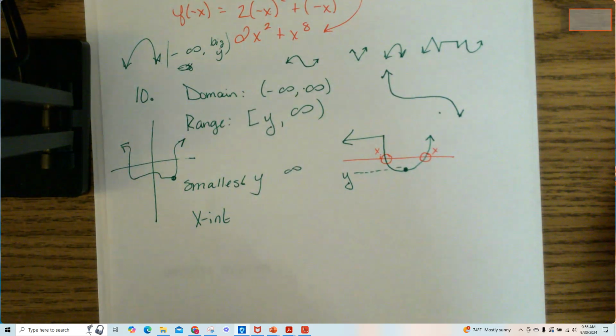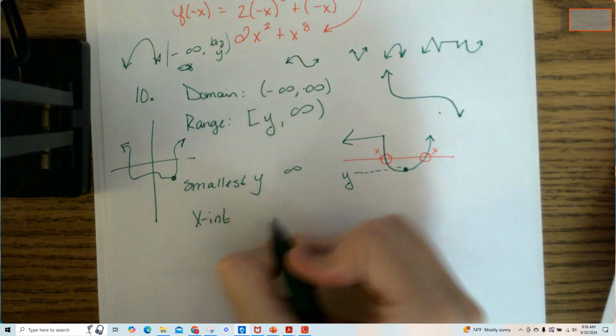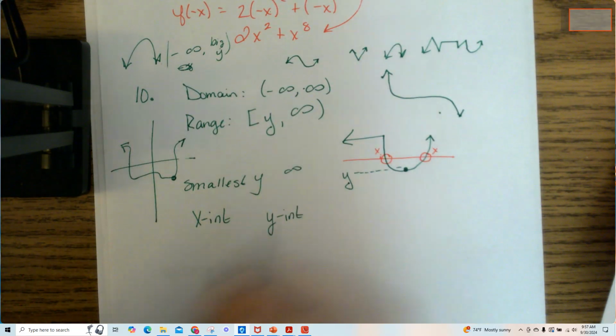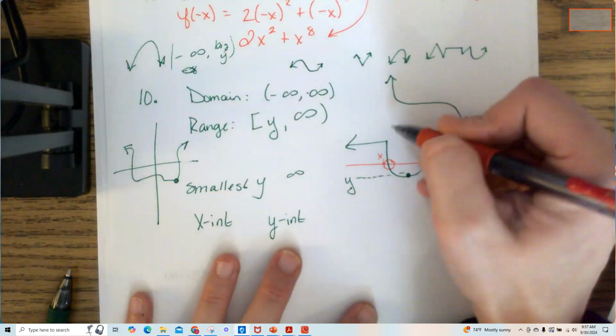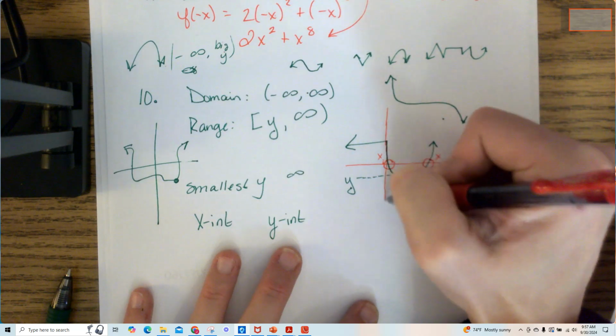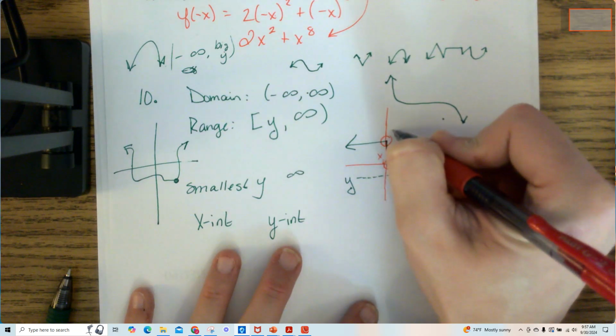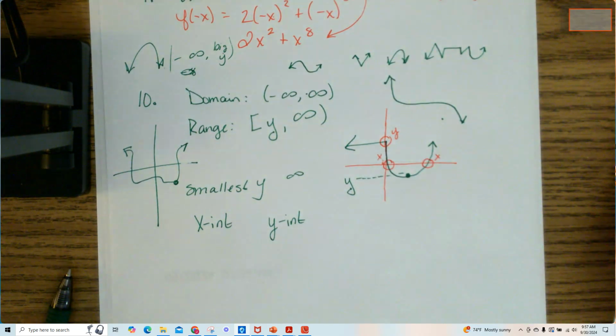And then the y-intercept. Same thing, wherever it crosses the y-axis. So the y-intercept is going to be the y value of wherever it crosses the y-axis.